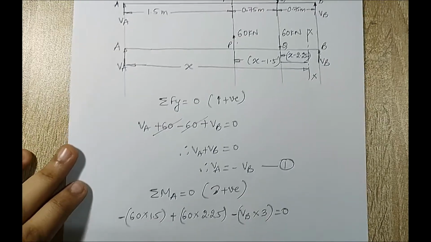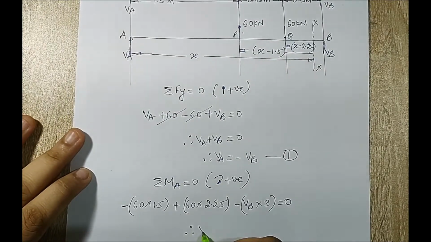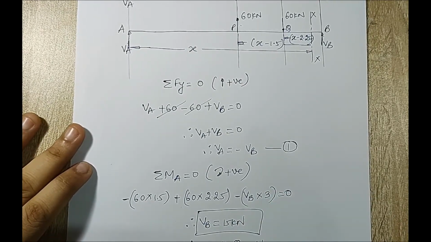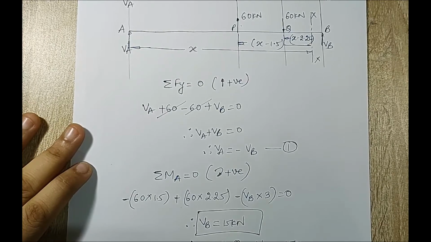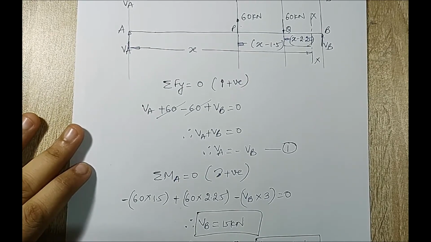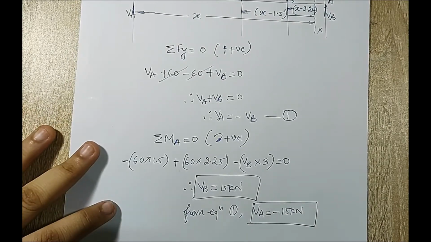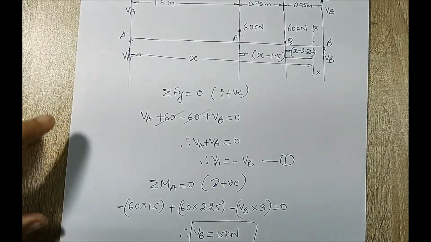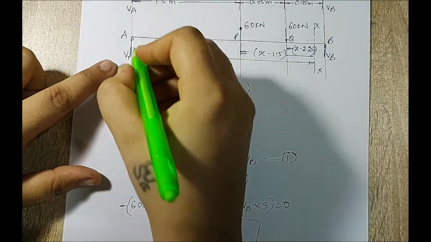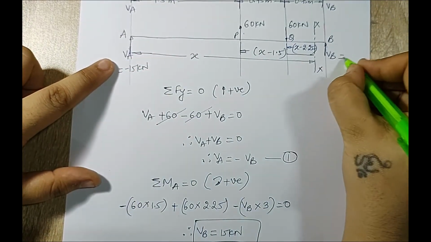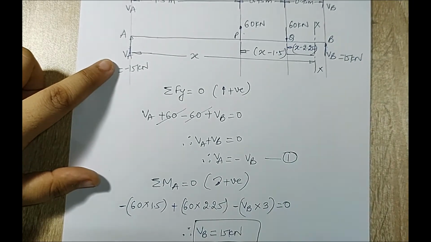When I solve this equation, I get the value of VB as 15 kilonewton. From equation 1, I get VA is equal to minus 15 kilonewton. So these are the two values that I have obtained for the support reactions. Now I am going to write these values in this diagram. VA is minus 15 kilonewton and VB is 15 kilonewton.